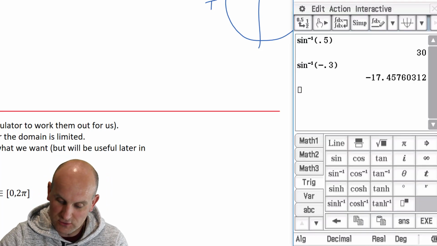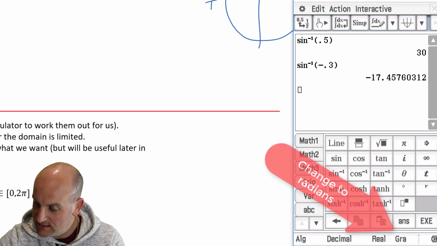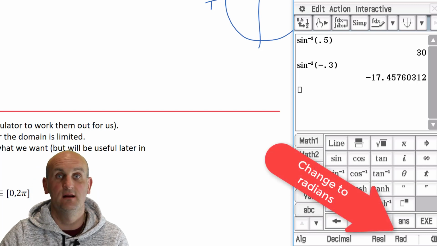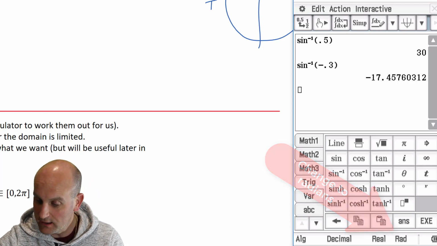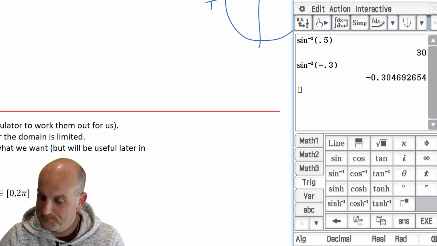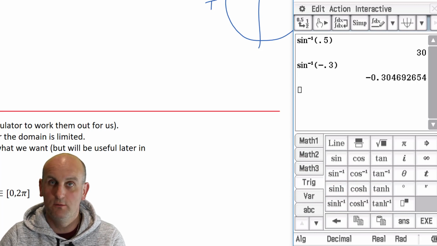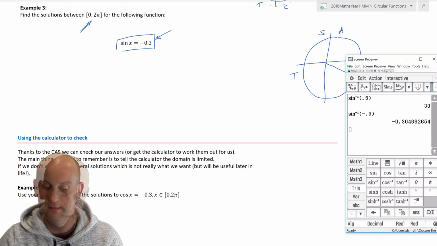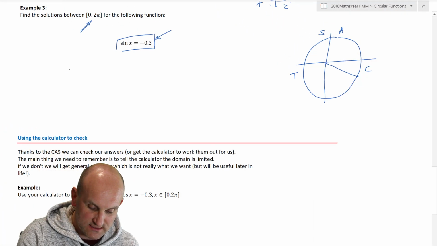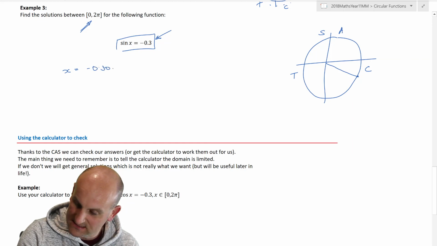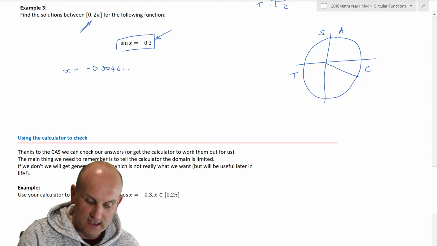So I actually need to make sure my calculator is in radians. So changing it down there for my Casio ClassPad, I'm going to hit enter again. And in this situation, out comes minus 0.3046, and so on. So I know my first value of x is equal to minus 0.3046.